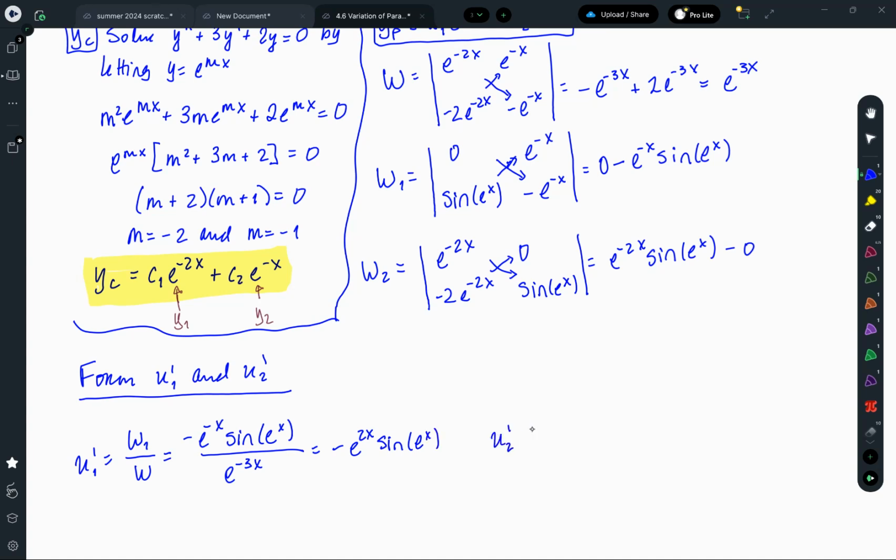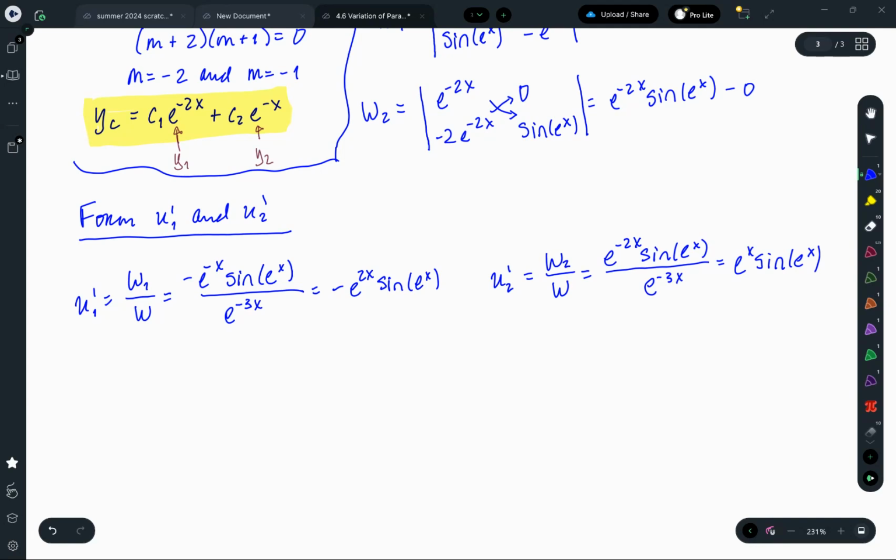u2 prime is going to be W2 over W. W2 is e to the minus 2x sine of e to the x, all over W, which is e to the minus 3x. When I bring the e to the minus 3x upstairs, it combines with the e to the minus 2x to just be e to the x sine of e to the x. Okay, so now we have our u1 prime, we have our u2 prime.